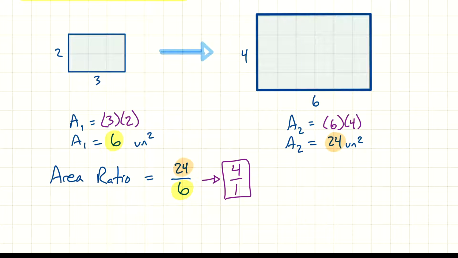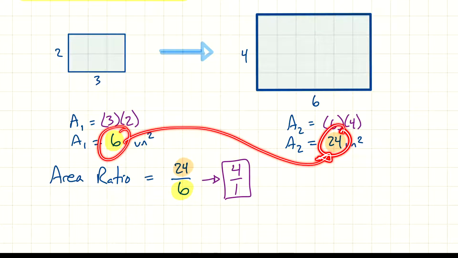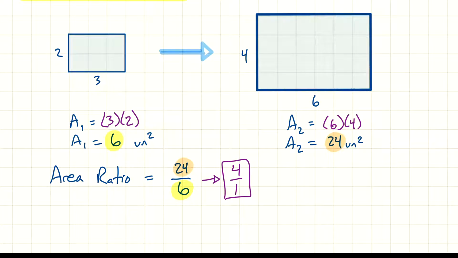The area ratio is 4 over 1, and how many times bigger was the area? You'll notice this is 4 times as big. So even though the sides were 2 times as big, the area was 4 times as big.